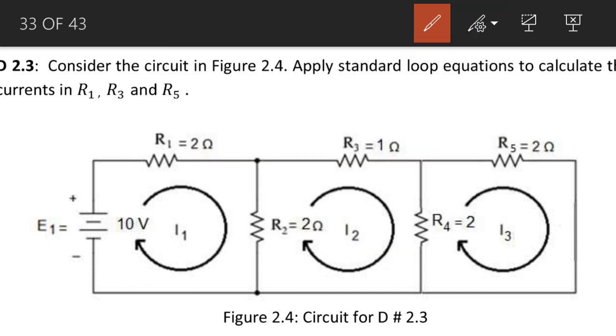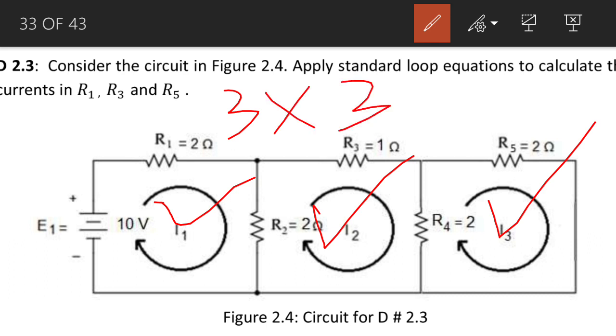As there are 3 loops in the given circuit, here is loop number 1, here is loop number 2, and here is loop number 3. So the size of the R matrix will be 3 by 3. We are going to write down the standard loop equations directly in the matrices format.